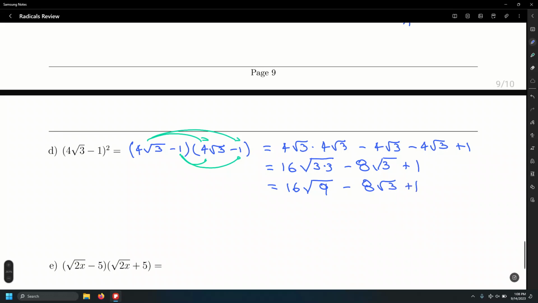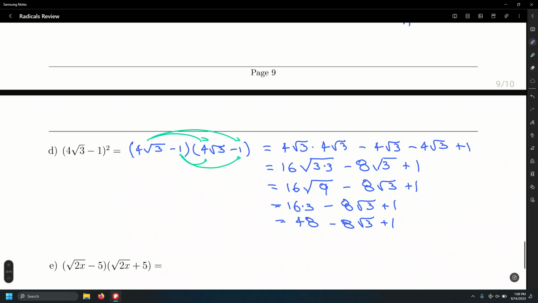And in this case, that first term is going to give us a nice number because 9 happens to be a perfect square. The square root of 9 equals 3, so that's 16 times 3 minus 8 root of 3 plus 1. And then 16 times 3, which is 48, minus 8 root of 3 plus 1.